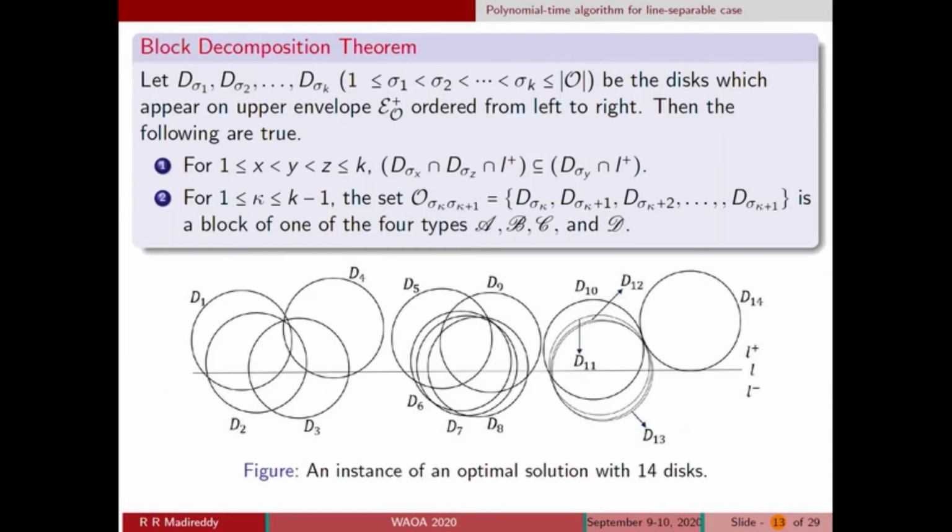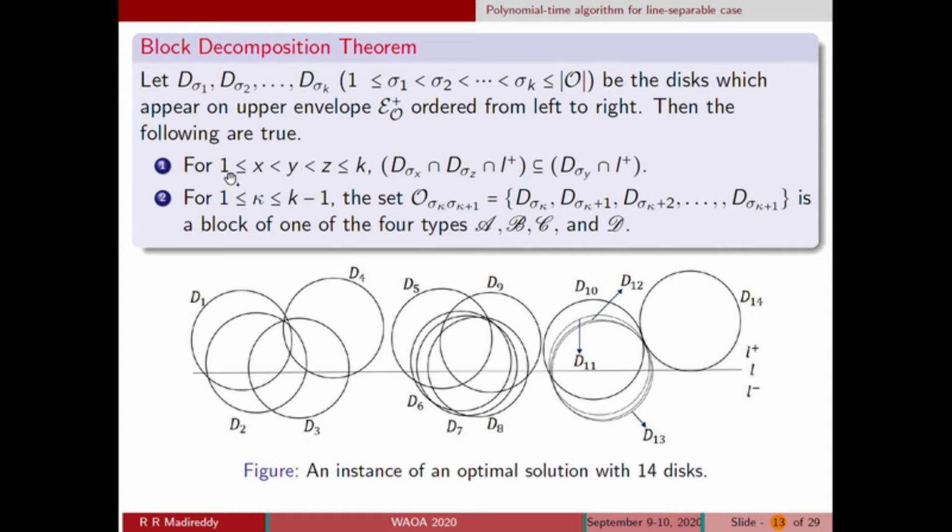The main theorem of our algorithm is the block decomposition theorem. It states that let d sigma 1, d sigma 2, so on up to d sigma k be the disks in the order they appear on the upper envelope, from left to right. Then the following are true.